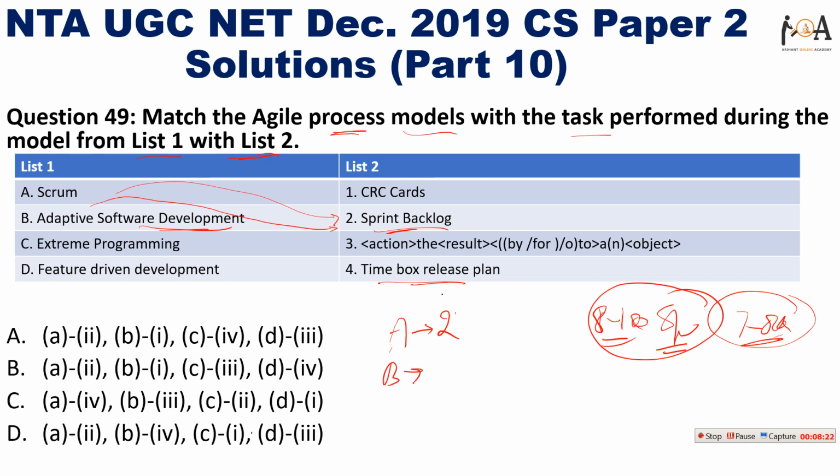So B will go with fourth. And extreme programming is related to CRC cards. And feature driven development, where objects are there, and we have included several functionalities. So it is feature driven development. So D will go with third.